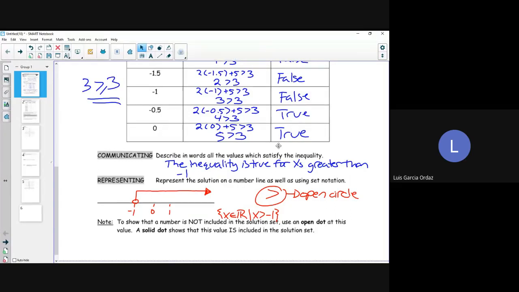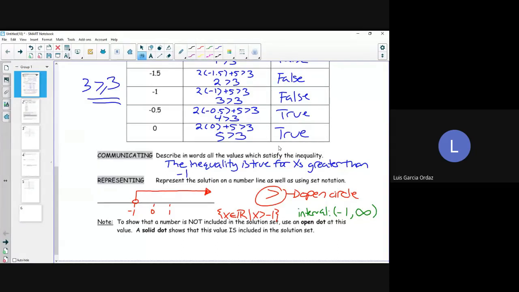And for interval notation, how would it look? So for interval notation, we have open bracket -1, comma, positive infinity, open bracket.